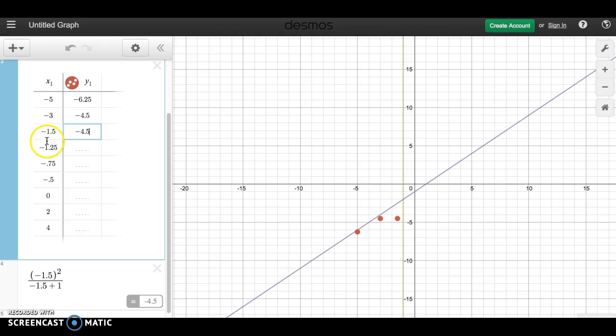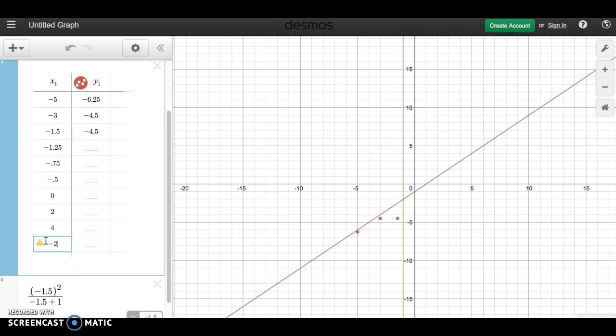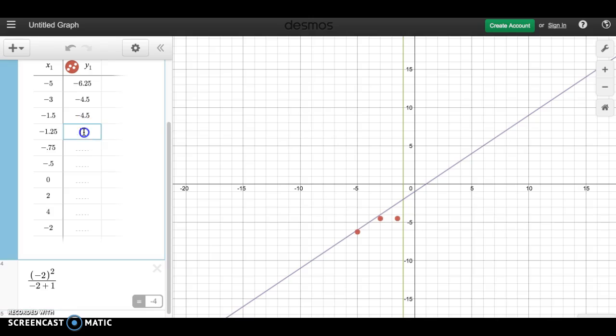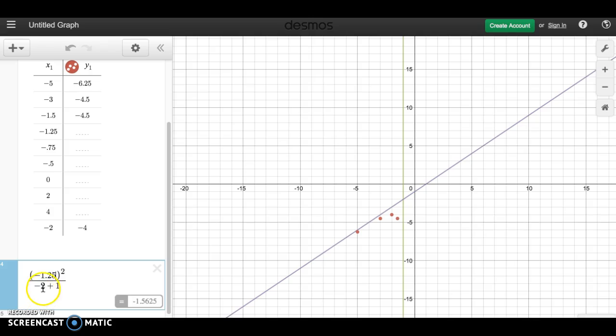I need to pick another value in between there. Let me throw in -2 and see what that is. -4. That's going to be helpful for us. I think I did that wrong. Oh, sorry, it's supposed to be down here. There we go. Okay, -1.25 gives us -6.25 again. You can see the pattern now is starting to form that curved line.